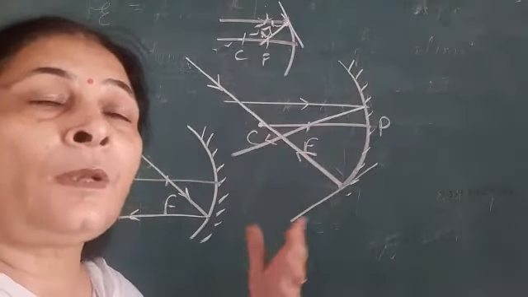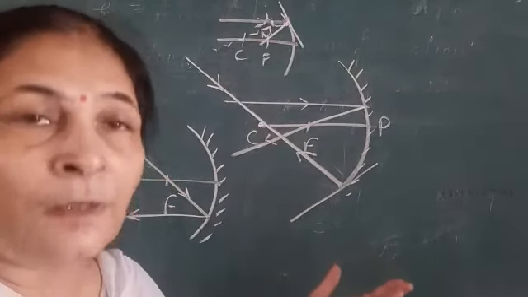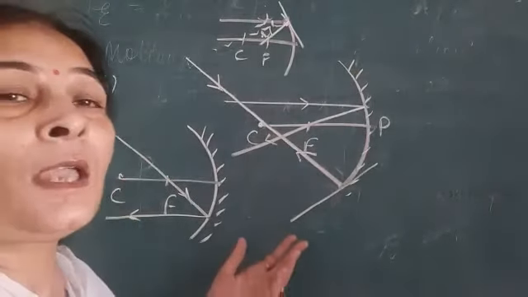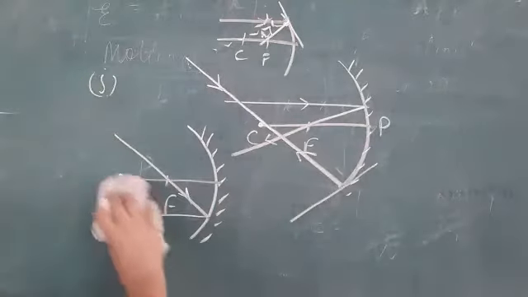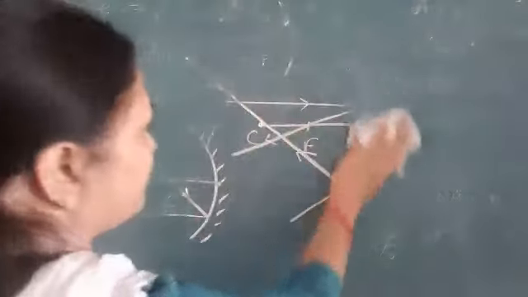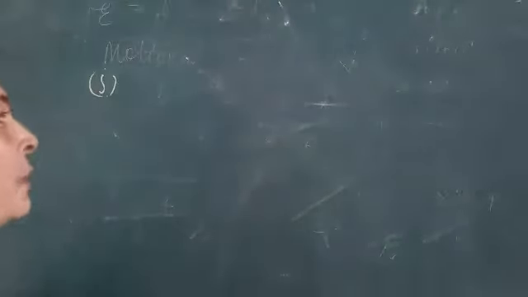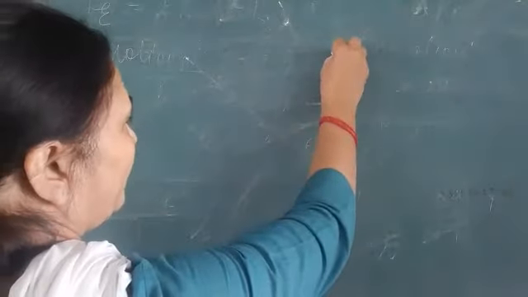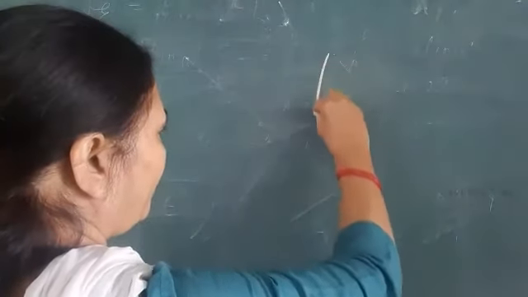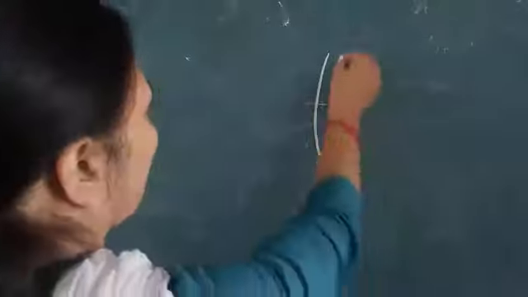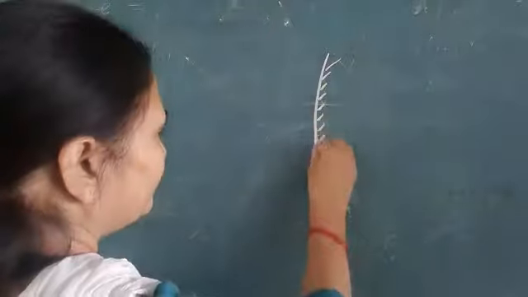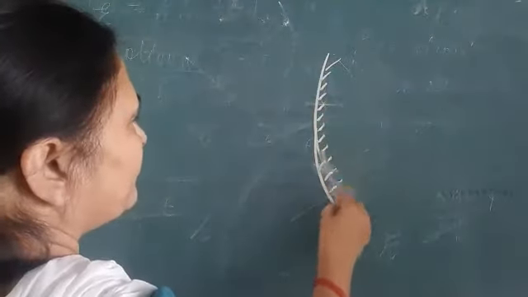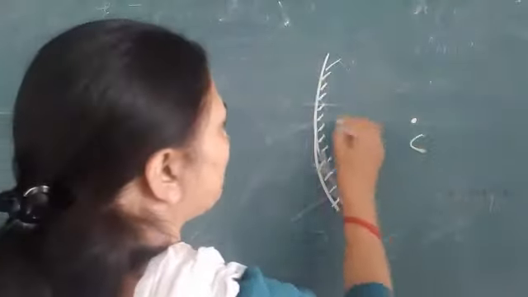Now the similar will be holding for convex mirror. The only difference being here, now the ray of light will not be actually coming through that point, but will appear to come. Like if I talk about the first rule in case of convex mirror, say, center of curvature will be on this side.